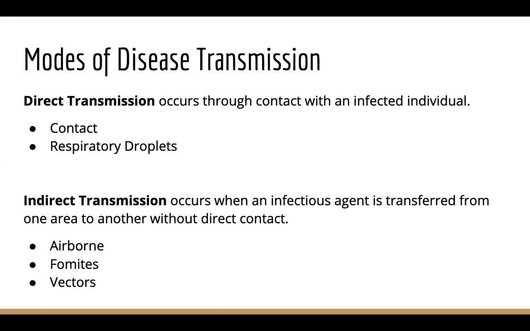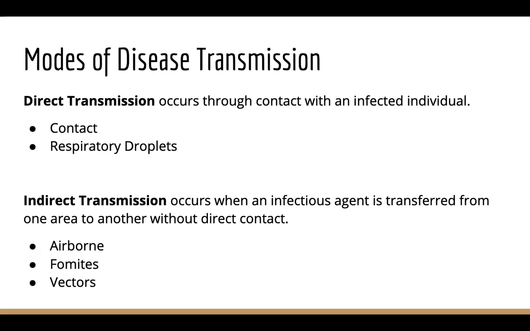Fomites are inanimate objects. Think like a door handle or countertop. If you touch this surface and then afterwards you touch your face, your eyes, your nose, your mouth, you can become infected with a virus like this or another infectious pathogen.